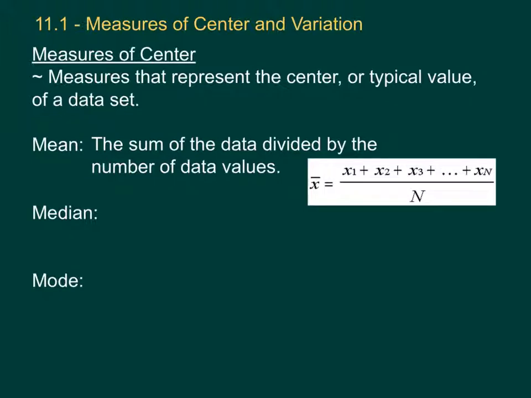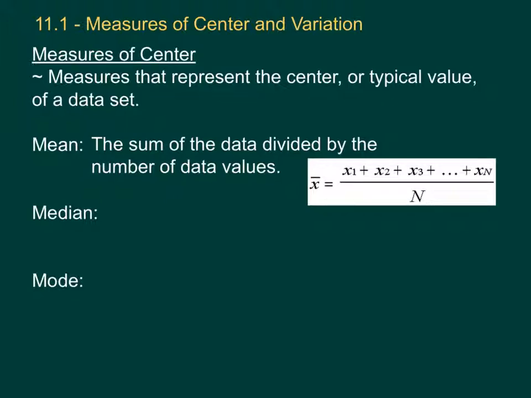And this is just a way to represent it. We are adding up all the different values from a data set. These represent all the different numbers. This ellipsis means that you would continue until you cover all of them. And then you divide by the number that there is. And that's how you calculate the mean, or the average.